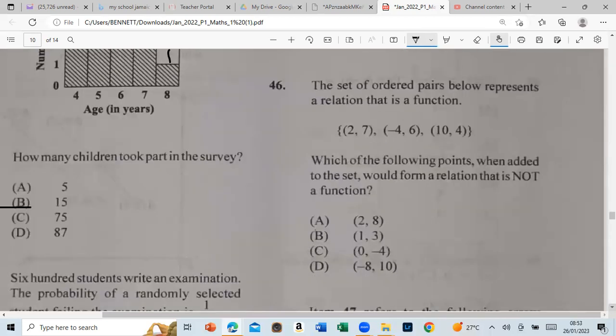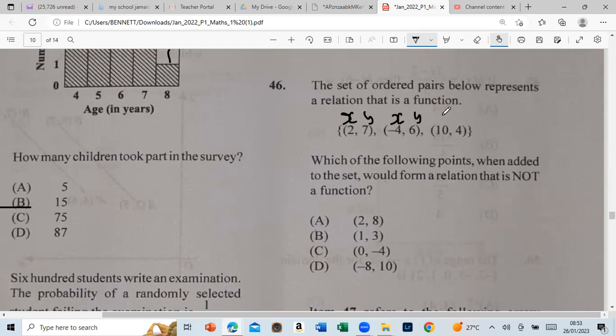Let's move on to 46. The set of ordered pairs below represents a relation that is a function: 2 to 7, negative 4 to 6, 10 to 4. Which of the following points, when added to the set, would form a relation that is not a function? Alright. So what we know about a function is that 1 x can only go to 1 y. So this is the x value, this is the y value, and we follow that order, right?